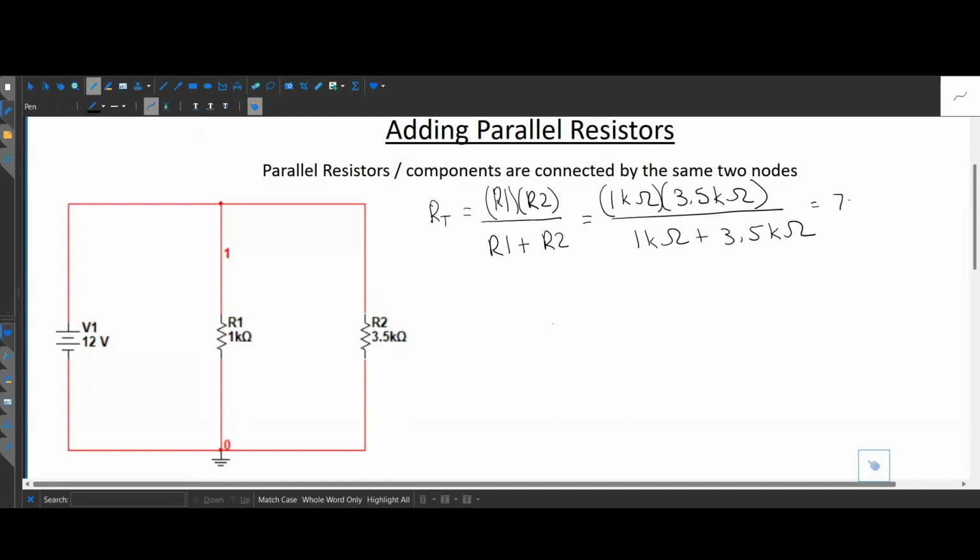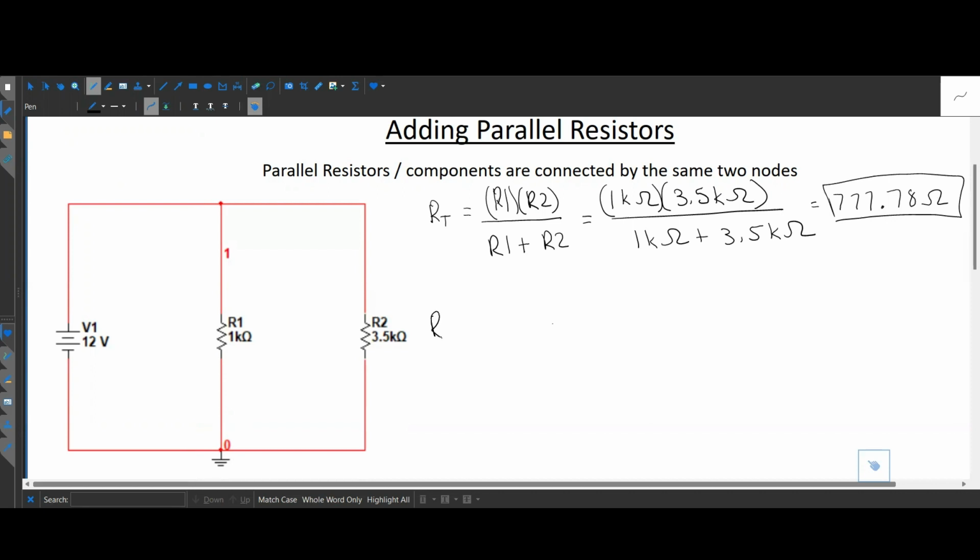You get 777.78 ohms. So that's one way you can do it.